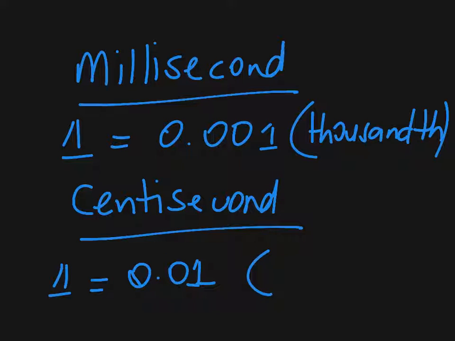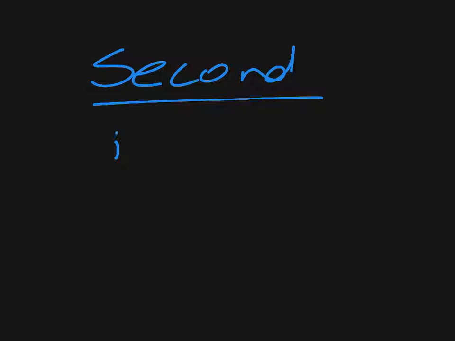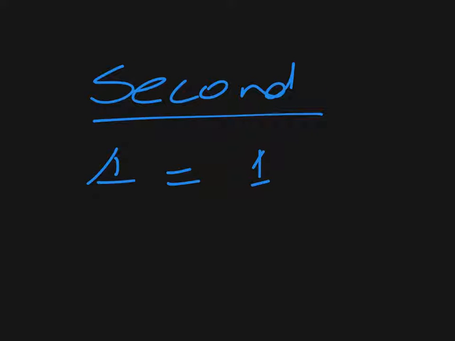Okay, and that is to the 100th. Okay, and last but not least, second, which I'm sure you all realise is pretty easy. 1 equals 1. Okay, and that is to the second form. Okay, excellent.